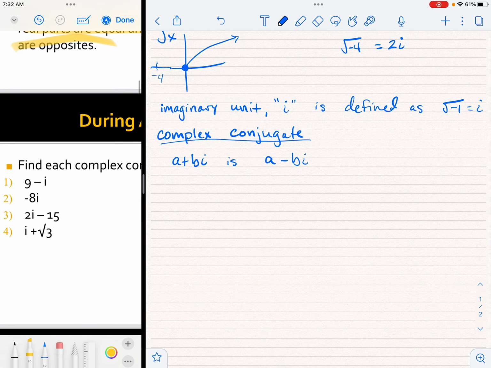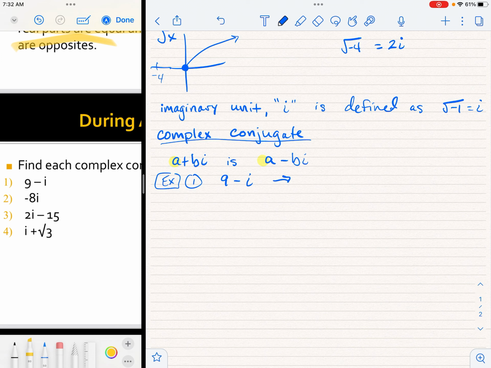So let's continue and look at some examples. This is asking us to find each complex conjugate. Number 1, 9 minus 1i. If there's nothing in front of the i, it's understood that that is a 1. We're going to keep the real part the same, and only change the imaginary part.